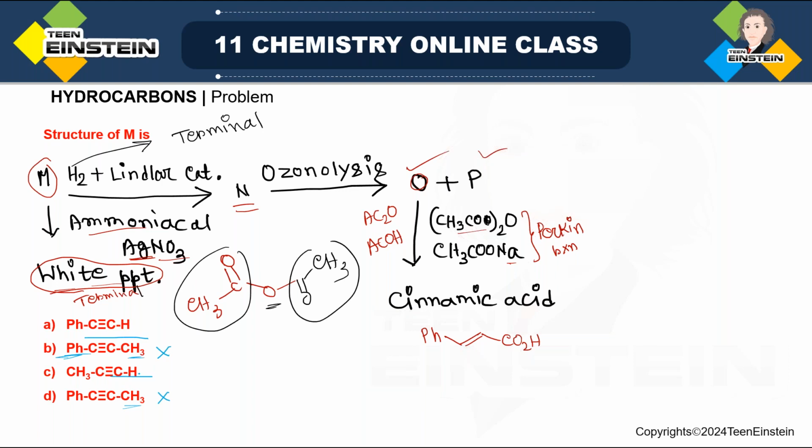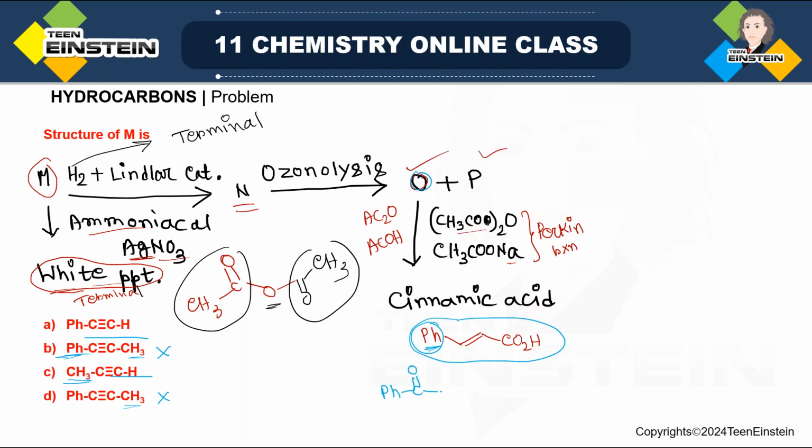Now you are stuck between option A and option C. But in option C you have a methyl group. So see, from O we are getting cinnamic acid, where Ph is present. That means Ph must be present in the initial structure of M. If you know the structure of cinnamic acid, and if cinnamic acid is generated from O, and if we know the Perkin reaction, what happens?